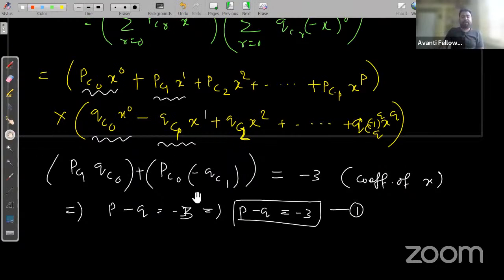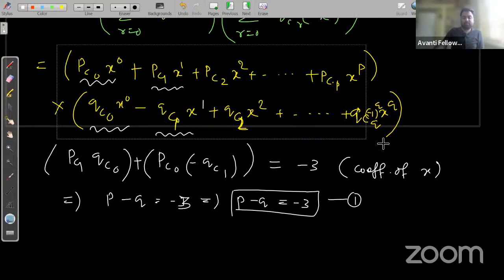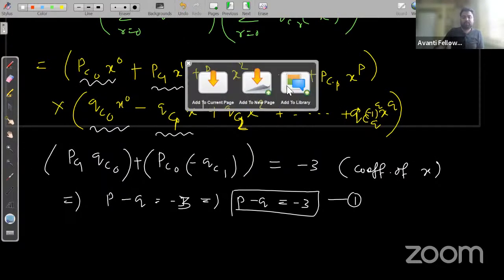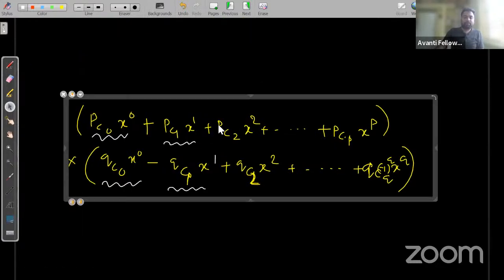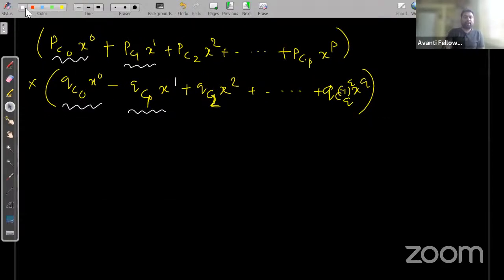Now try to find the coefficient of x to the power 3.